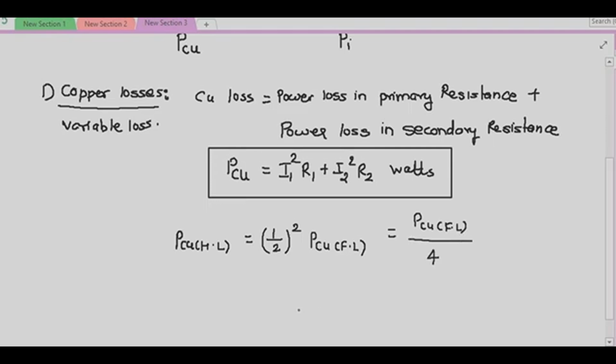It means that at half load, copper loss is reduced to one fourth of the full load copper loss. Why is it like this? Because it depends upon the square of the load current. That's why this relation comes into the picture.